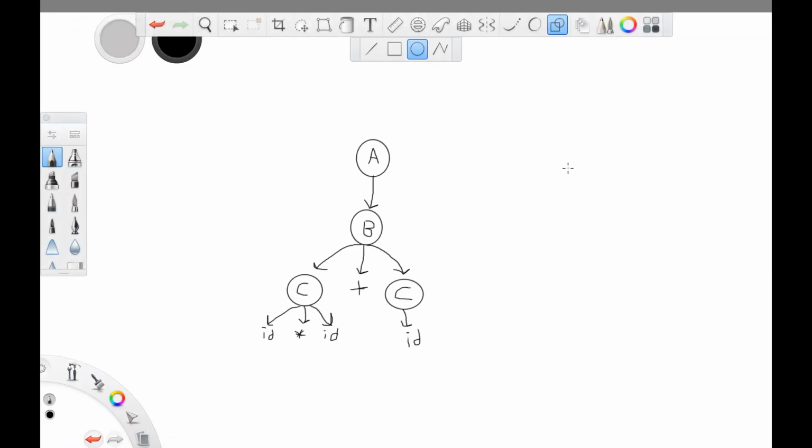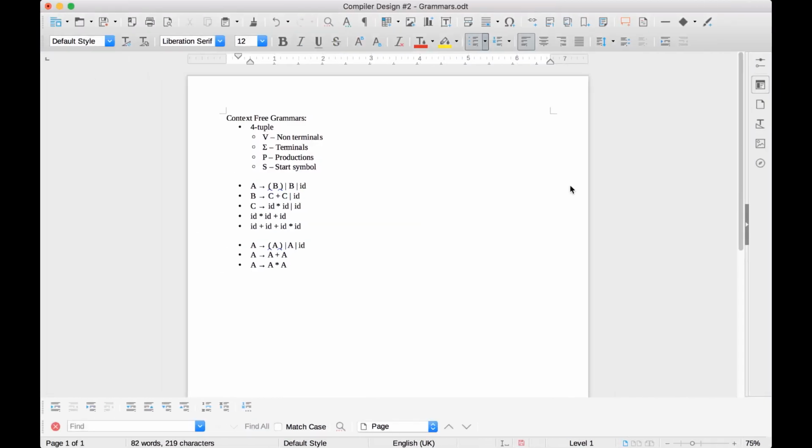So again, to start with, let's make our root node, and let's call it A, because that's the starting symbol. And what should we open this up into? Well, we can just do A plus A, can't we?